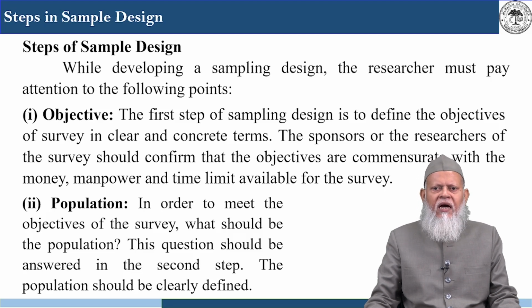Suppose we are studying the performance of, say, public commercial banks or private commercial banks, say in India. So all the branches of public banks or all the branches of the private banks would be the population in this study.